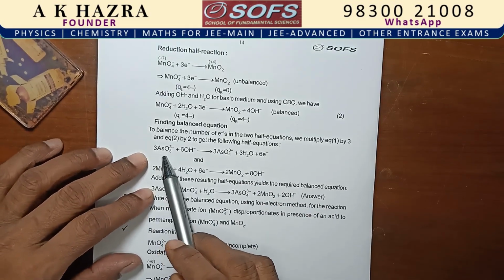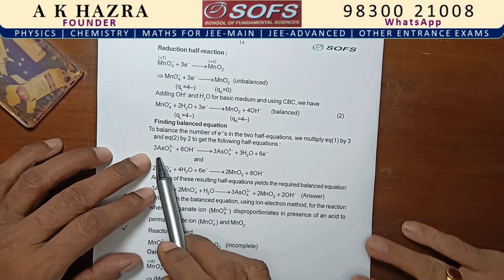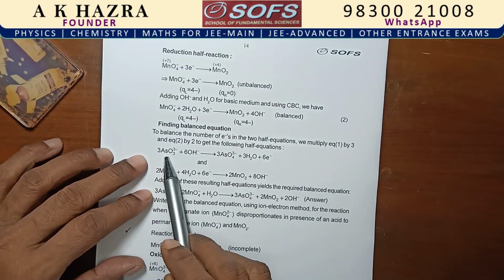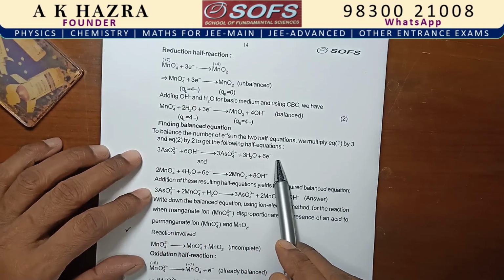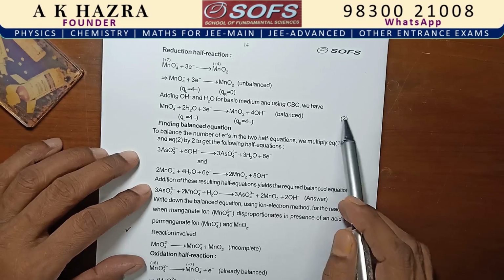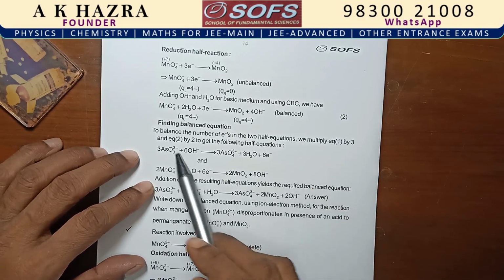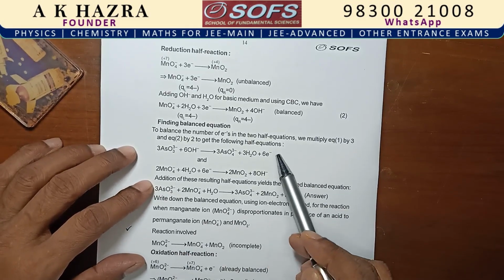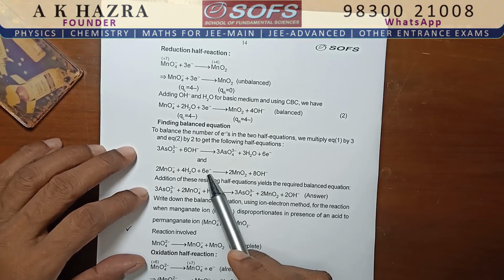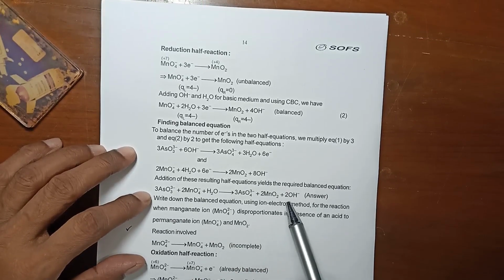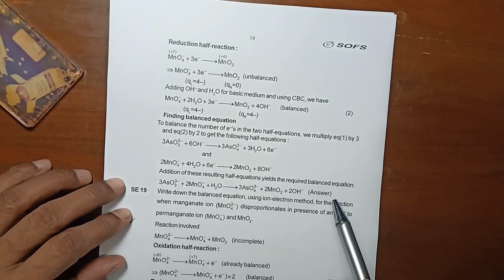So when the first equation is multiplied by 3, we will have 3 AsO3 3 minus, this one, and the second equation, number 2, is multiplied by 2, so we will have this one. And then if we add the 2 reactions, electrons will be cancelled out, so we will have this one. It is a balanced reaction in the ionic form.